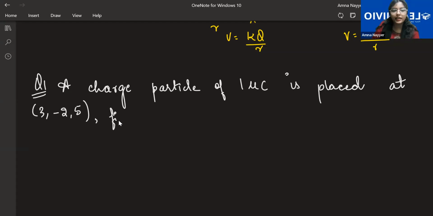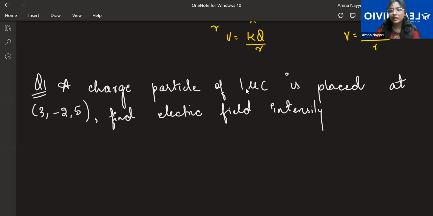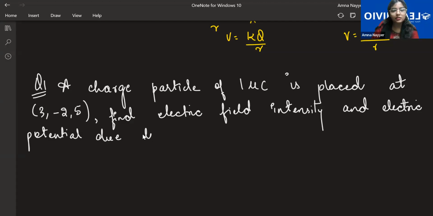I'll just write it. Find electric field intensity and electric potential due to a charge.